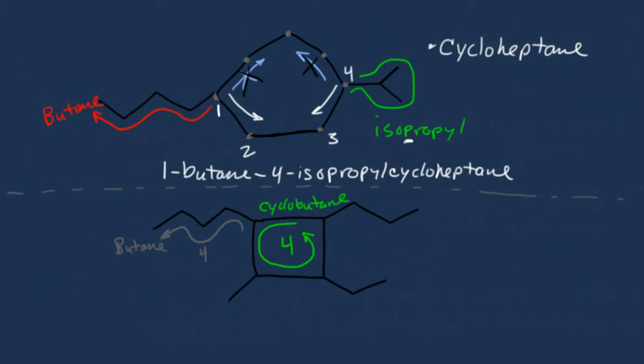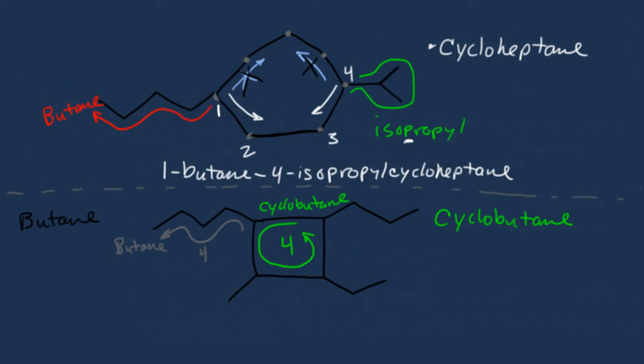So, in naming this, we'd say our parent chain is our cyclobutane. Then our substituents are going to be butane.